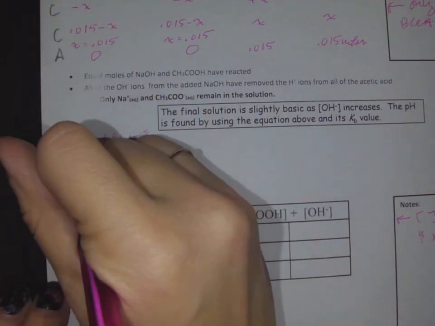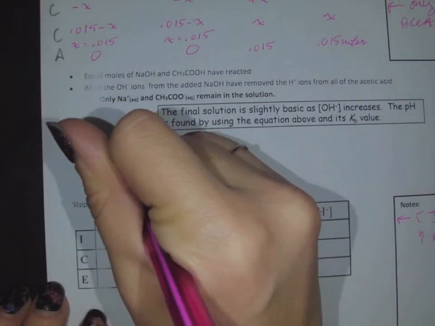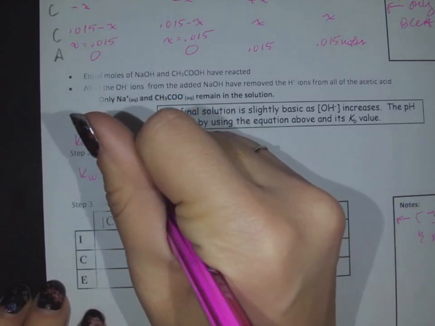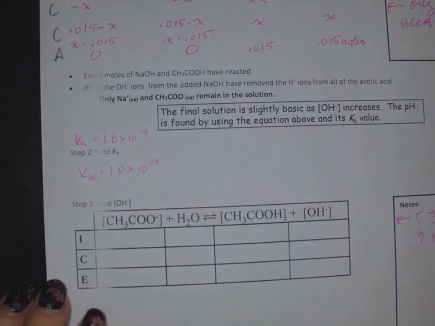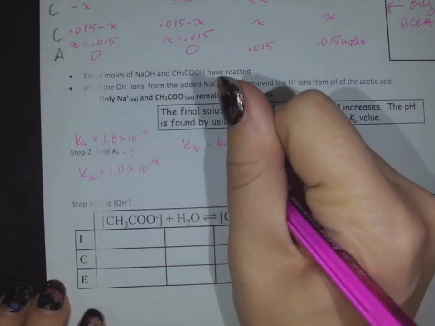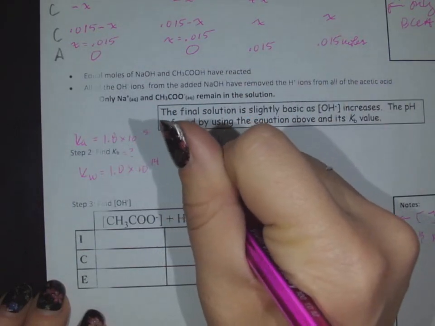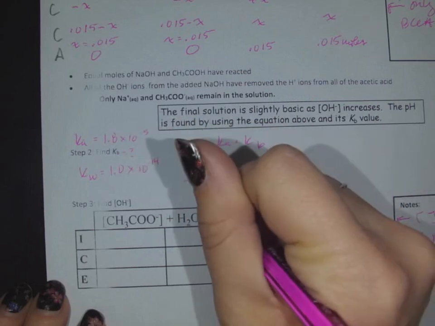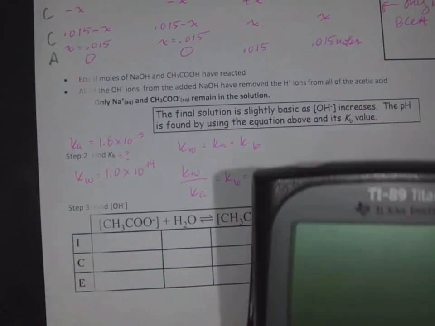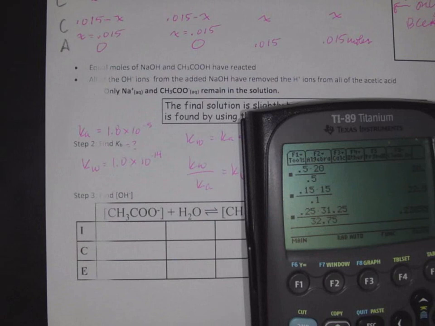So Kw at 25 degrees Celsius, which this is at 25 degrees Celsius, is 1 times 10 raised to the negative 14. We're solving for that Kb. So Kw equals Ka times Kb, so Kw divided by Ka will equal Kb. So we'll do our 1.0 times 10 to the negative 14 divided by our 1.8 times 10 to the negative fifth.